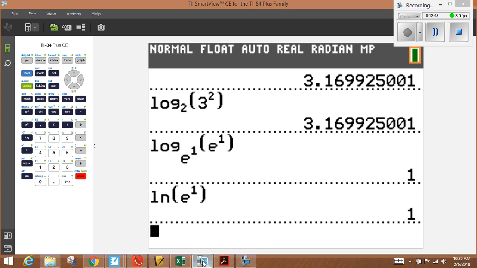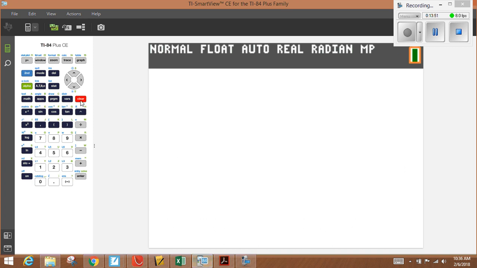If you don't have a calculator that does the roots, you can just write that as 32 to the 3/5 power.